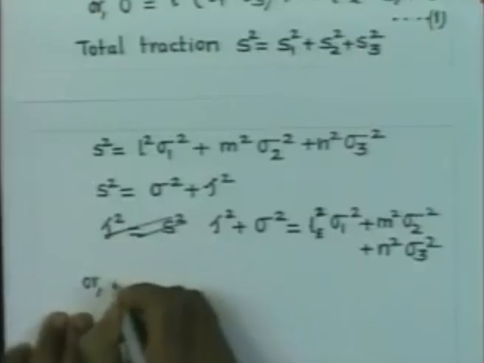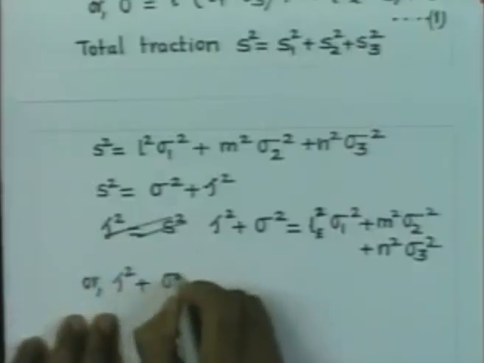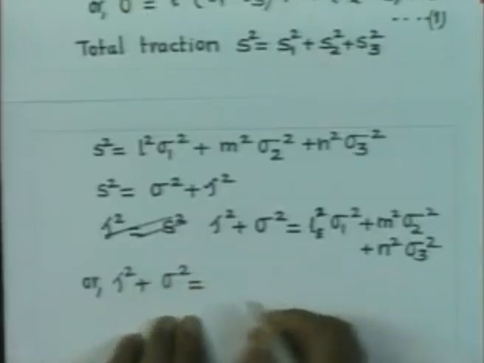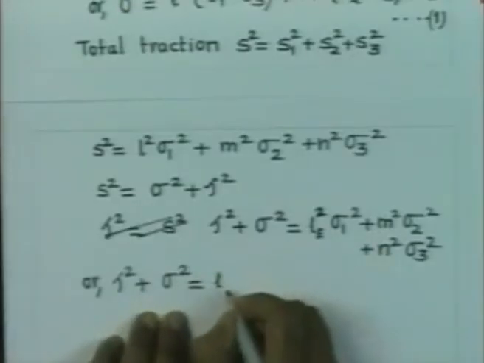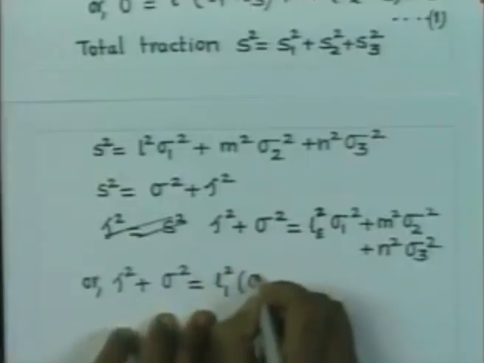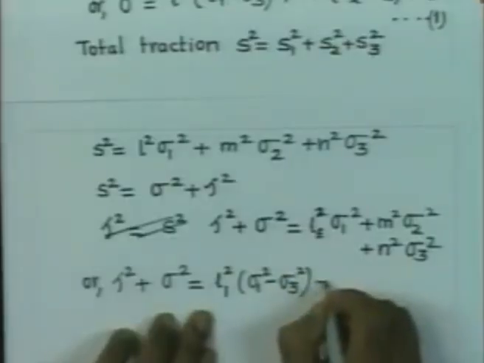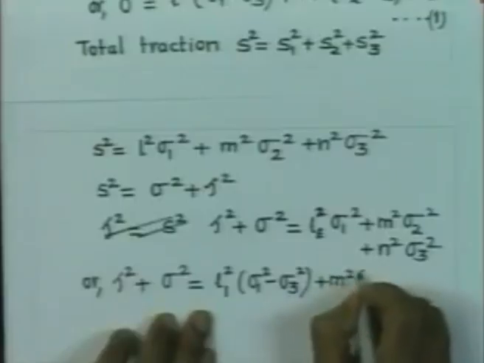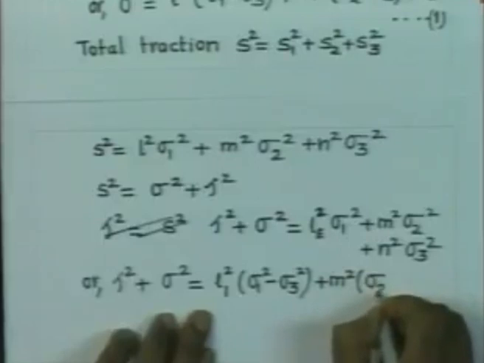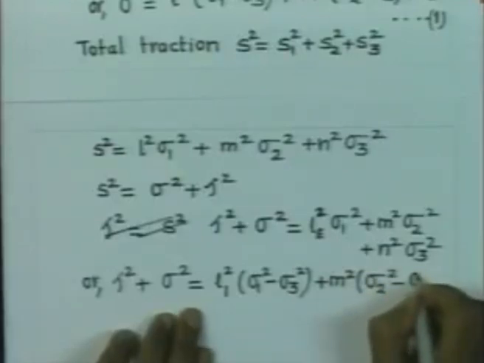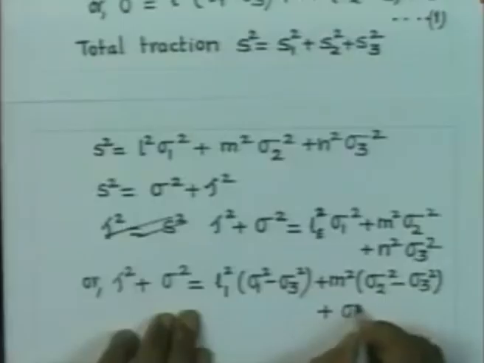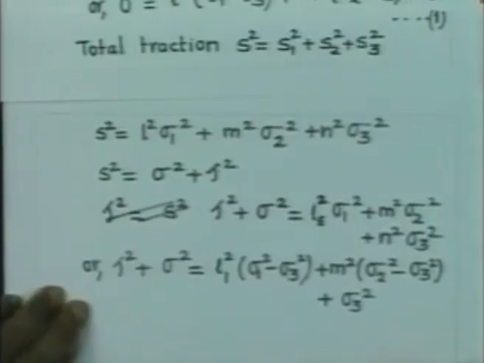So, we will get tau square plus sigma square is equal to L square into sigma 1 square minus sigma 3 square, plus m square into sigma 2 square minus sigma 3 square, plus sigma 3 square. So, this we can now rearrange.